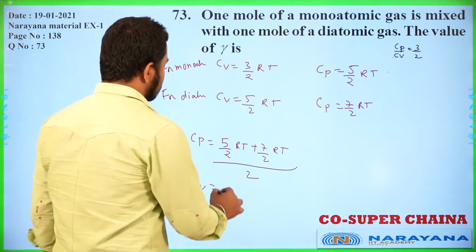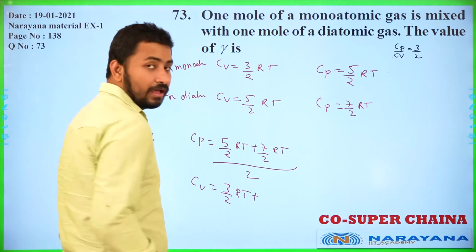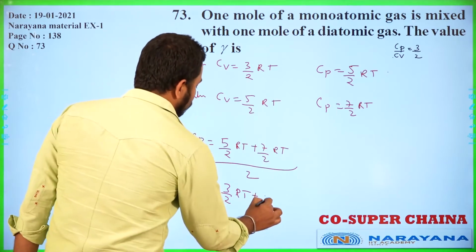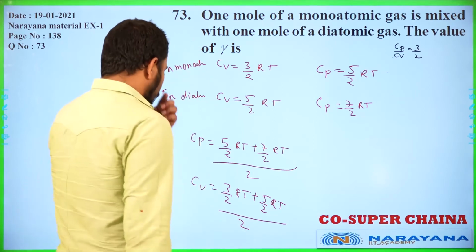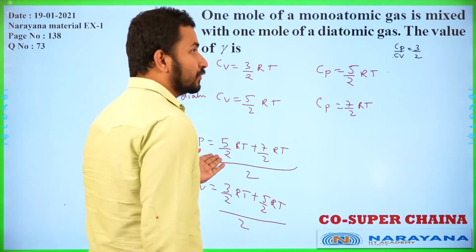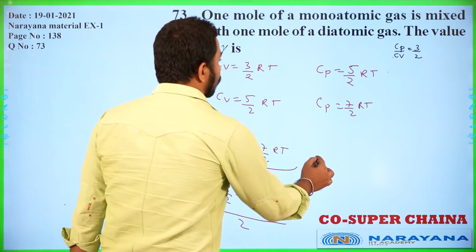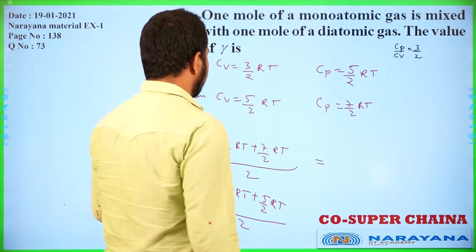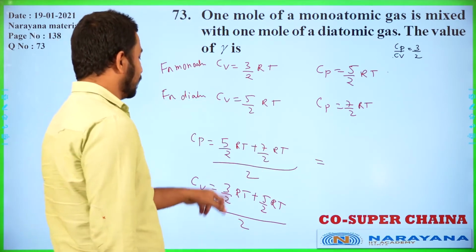You need to add 3 by 2 RT plus 5 by 2 RT, divided by 2. So if you see here, students, if you solve here, we will get the values of Cp and Cv.